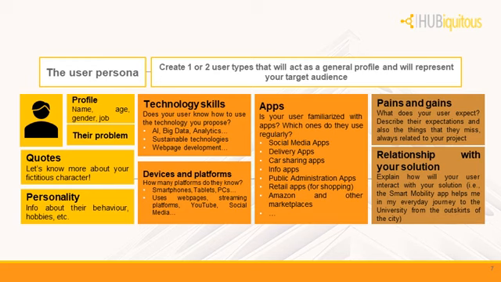And then you're going to include which kind of devices and platforms she uses. So for example, Miranda has a smartphone and a tablet, and she has the Nike training app, and she has also the app of her gym installed in her mobile phone. She uses, for example, different web pages to buy clothes online.